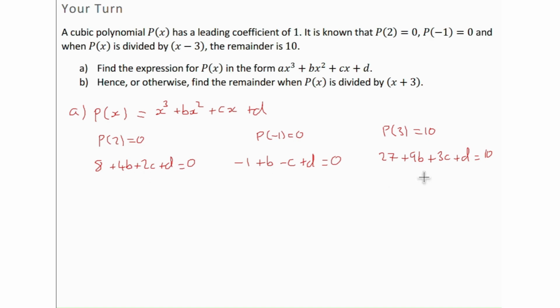3 unknowns, 3 equations. We need to solve these simultaneously. If this was a calculator exam, we would substitute this straight into our simultaneous equation solver in the following form.